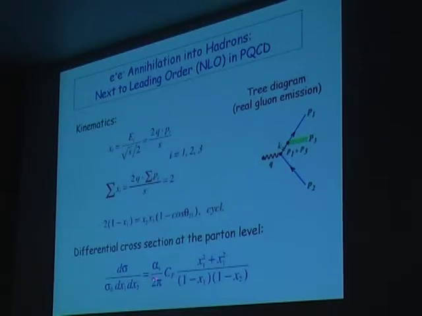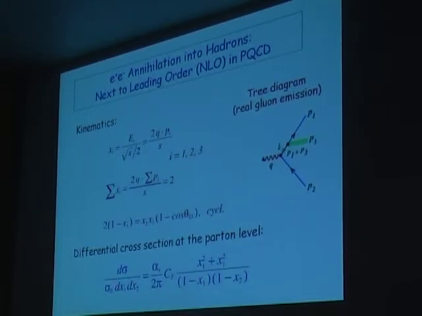And if you calculate the differential cross-section first, and then you integrate in order to get the total cross-section, normalize to the point-like thing, then the result is actually quite simple. It's x1 squared plus x2 squared divided by this. Or equivalently, you can write it in terms of 1 and 3, 2 and 3, and it's all equivalent. Now, you say, what's wrong?